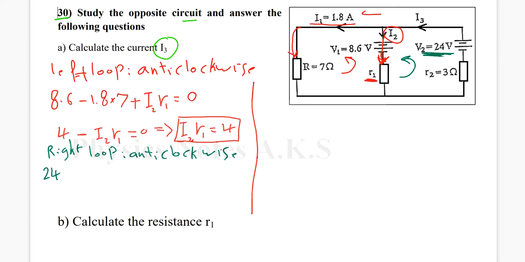Let me erase these things in here. Now for the V1, this battery, the direction of motion, it goes out of the negative, so it's going to be minus 8.6. Now I2, as we agreed, it goes through the resistor R1, right?